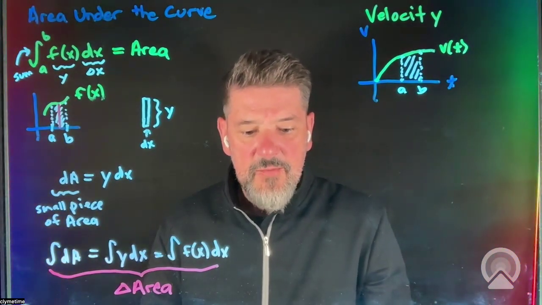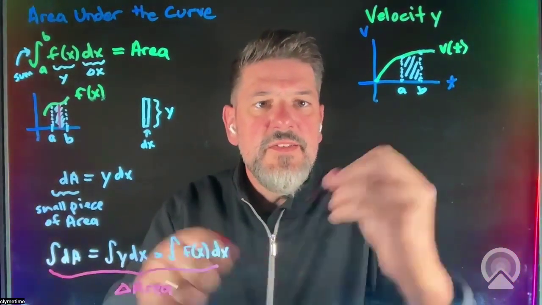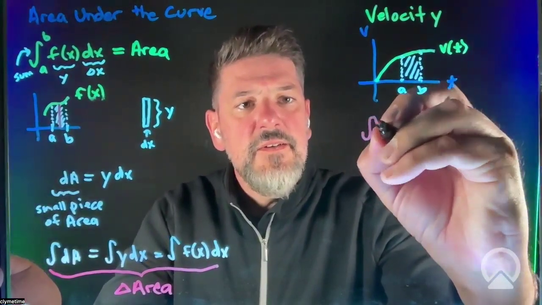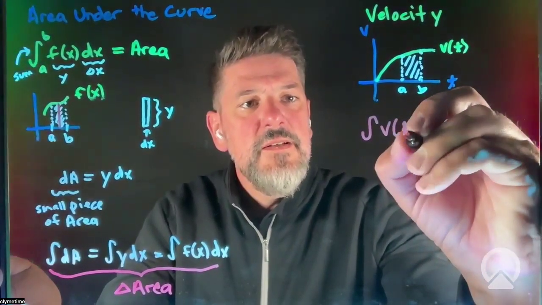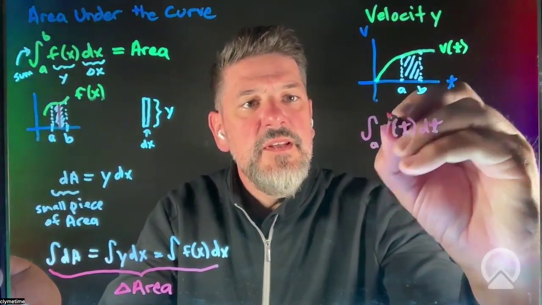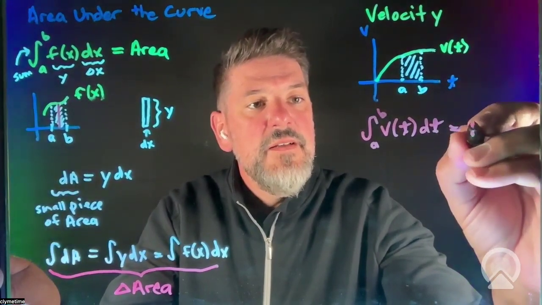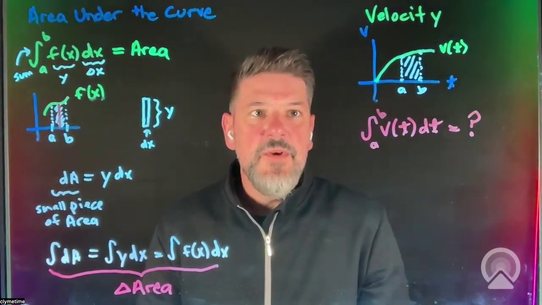Let's write that down. What is the integral of v of t dt from A to B? And by the way, A and B are times, so what does that come out to be? That's what we want to know.